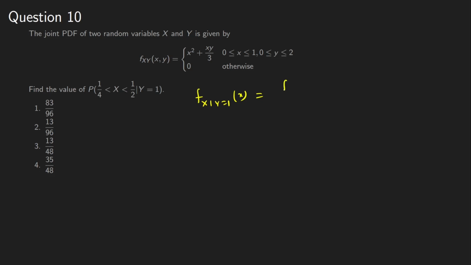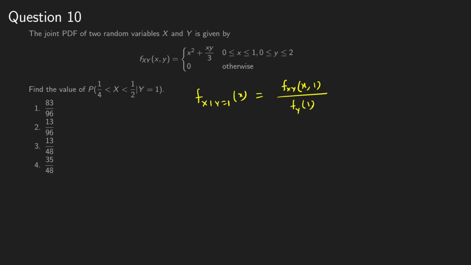So the joint PDF at x taking value just x, we don't do anything to x, and then we put y equals 1, divided by the marginal of y at 1. For the joint, we already know it and can find it by putting y equals 1, but we will have to find the marginal of y.